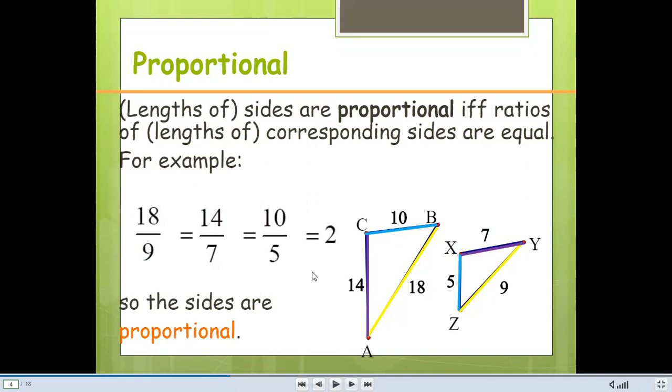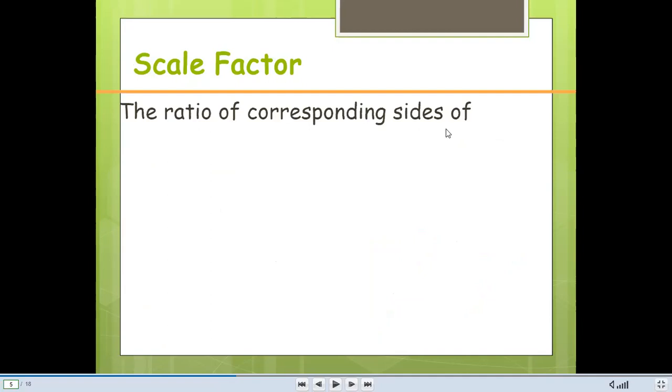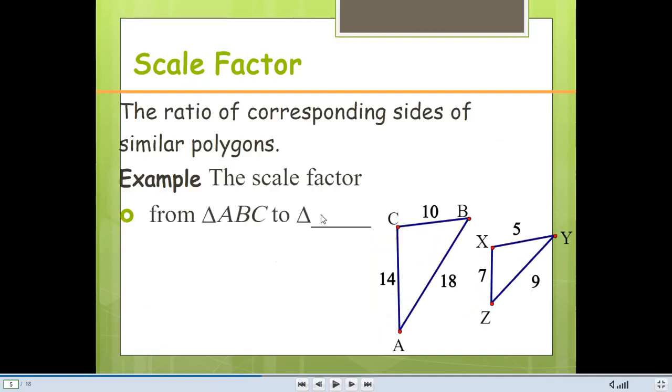To say that the lengths of sides are proportional, the ratio of each two corresponding sides must be equal. We also have the scale factor, the ratio of corresponding sides in similar polygons. It starts from triangle ABC.